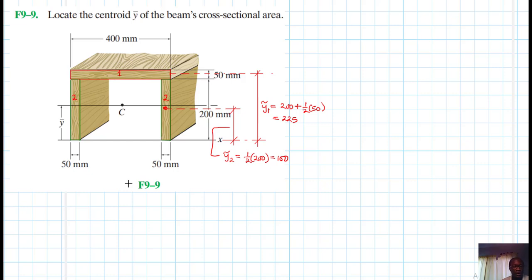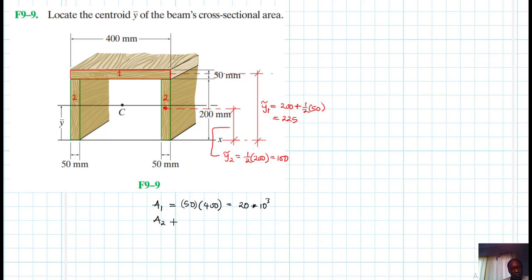Let's find the areas. So we have area 1, which is equal to 15 by 400. Okay, this just gives us 20 by 10 to the third.